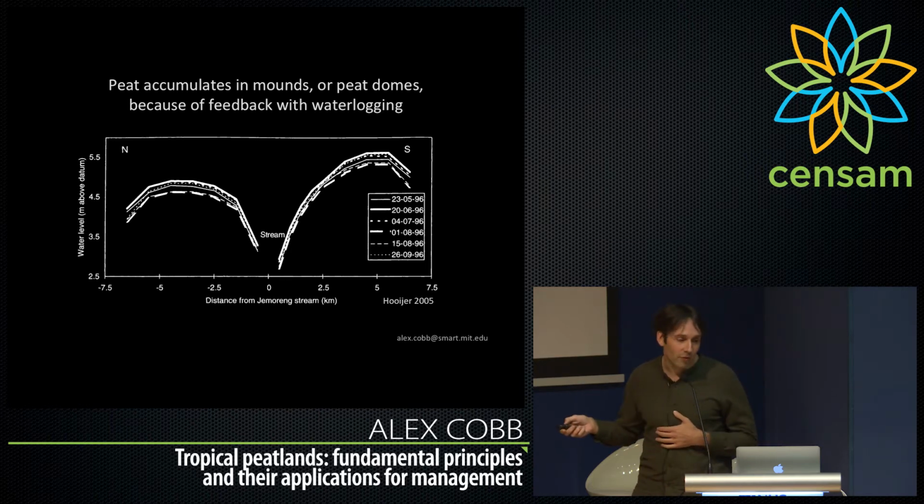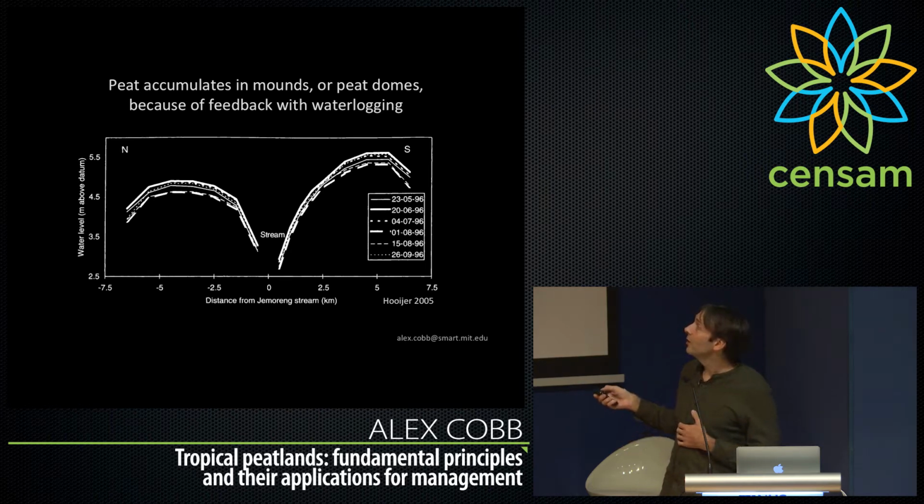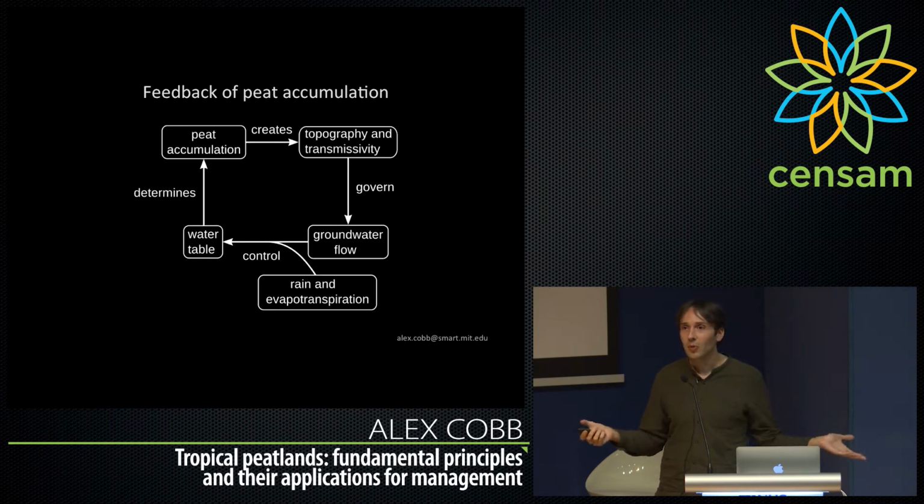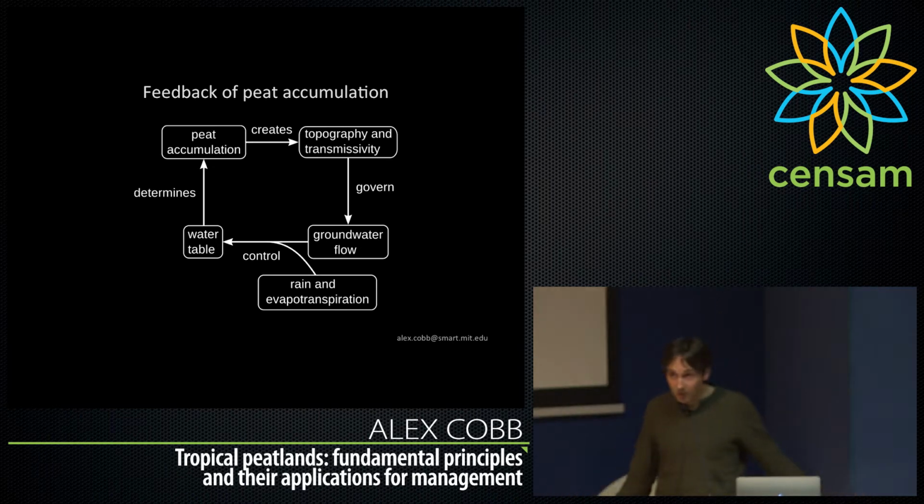And one of the things that people figured out in the 1970s or 1980s in temperate peatlands, rather, is that there's some maximally curved shape for these structures, because if they're too curved, then water flows out too fast. There's no more waterlogging, and peat doesn't accumulate. If they're too flat, then you get pooling of water, and peat accumulates faster, because it accumulates because of suppression of decomposition by waterlogging.